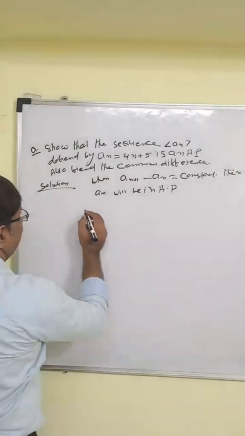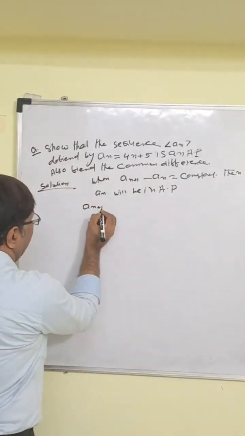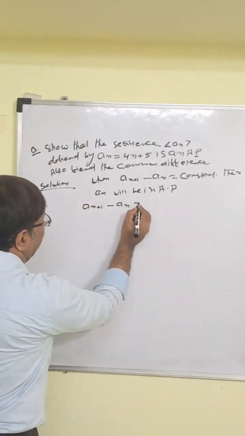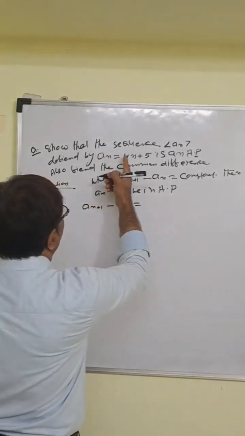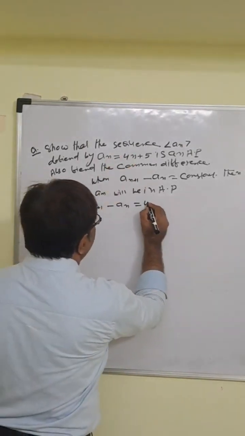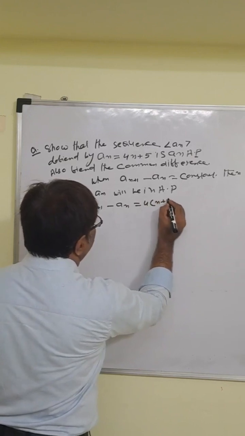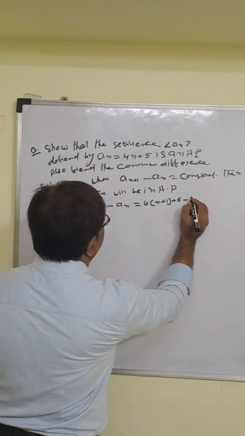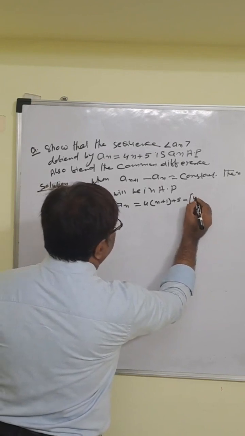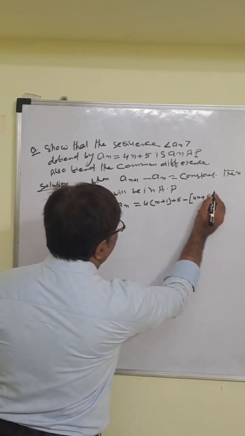So first we will check a_(n+1) minus a_n. For a_(n+1), just put n equal to n plus 1. So we'll get 4 into (n plus 1) plus 5, and minus a_n. a_n is simply 4n plus 5.